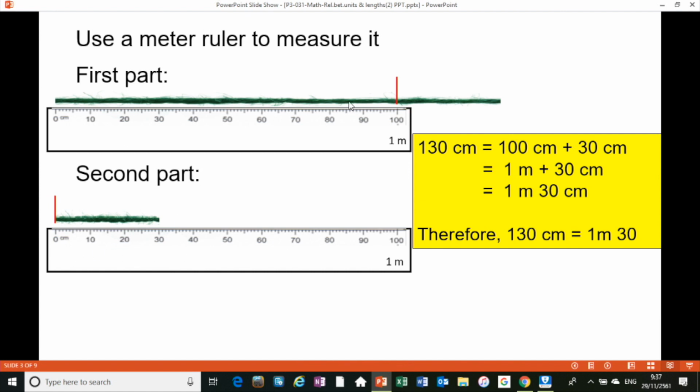So 1 meter, 30 centimeters. You see? Okay, next one.